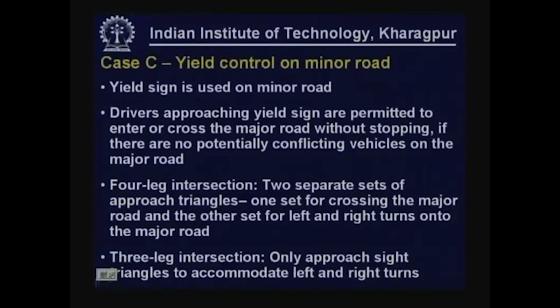For a three-leg intersection, crossing is not a feasible maneuver. So, only one set, that is left turn and right turn from minor road to major road, should be considered.